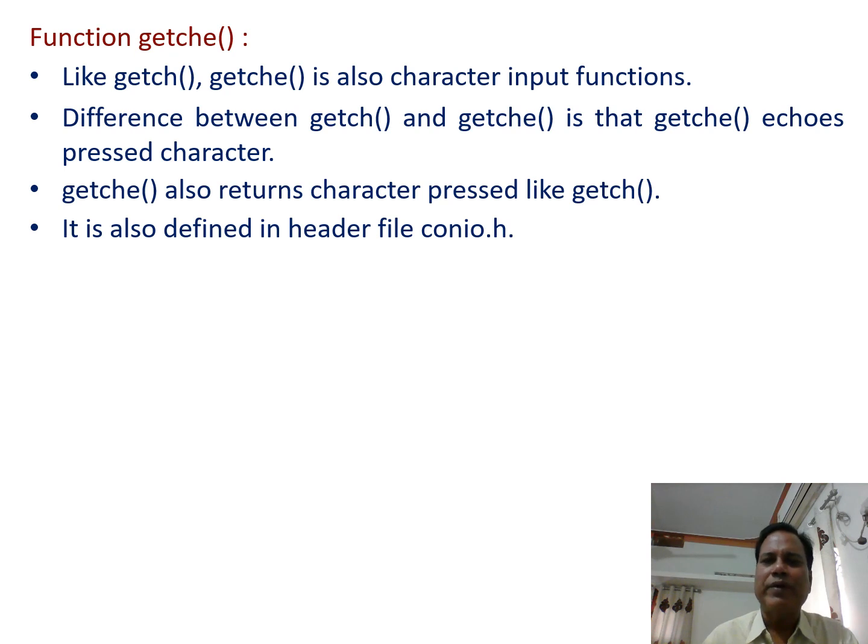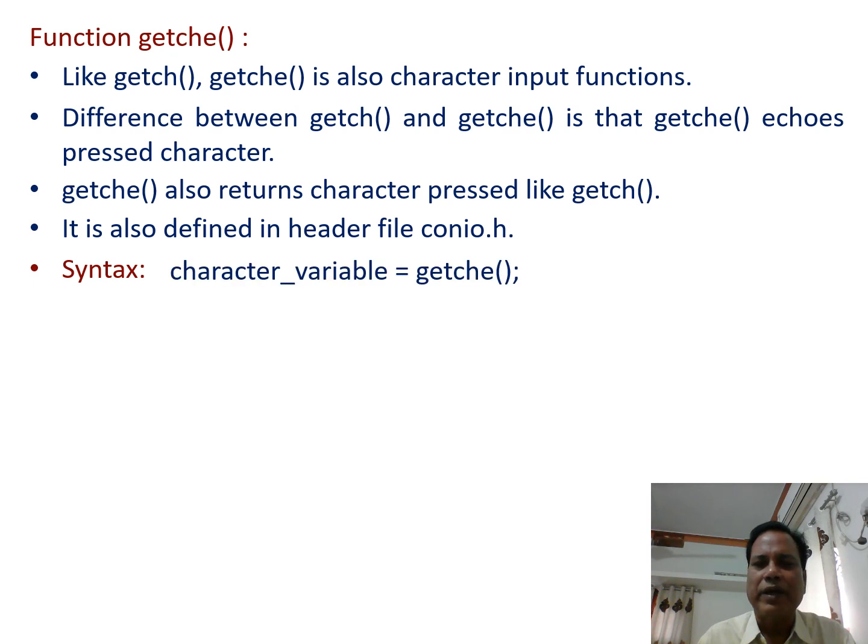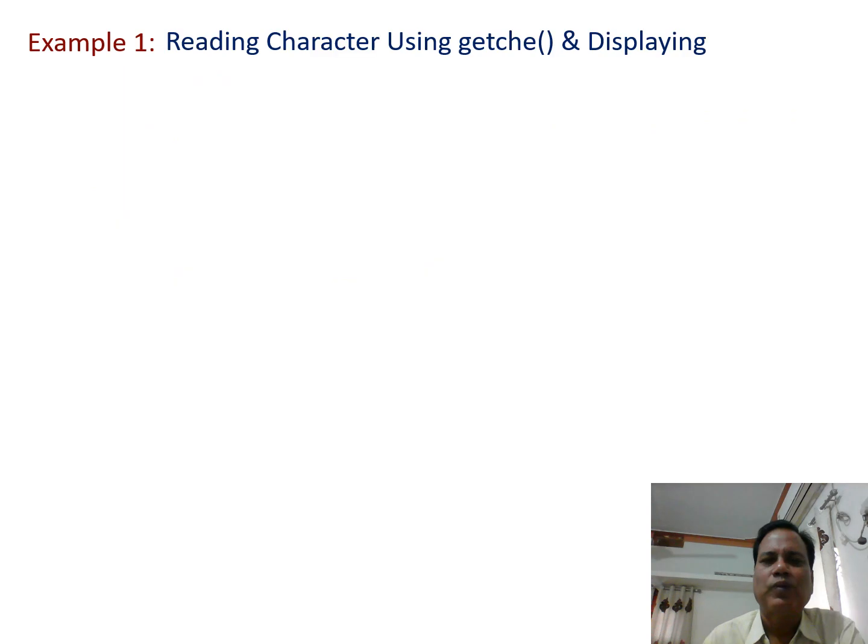It is also defined in the header file conio.h. The syntax for this is a character variable, assignment operator, and on the right side getche, the name of the function, and at the last a semicolon. Now let us see an example program for reading a character using getche and displaying it.